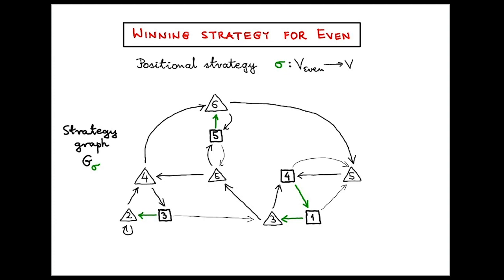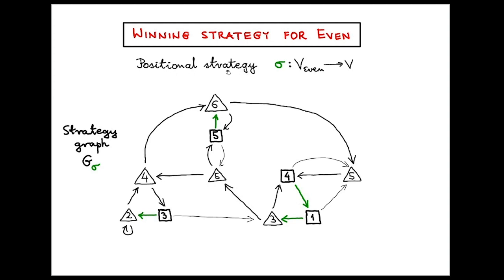And indeed, the strategy of player even in this game is of a very simple form. It's a very important, very useful concept. It's a positional strategy. What does it mean for a strategy to be positional?